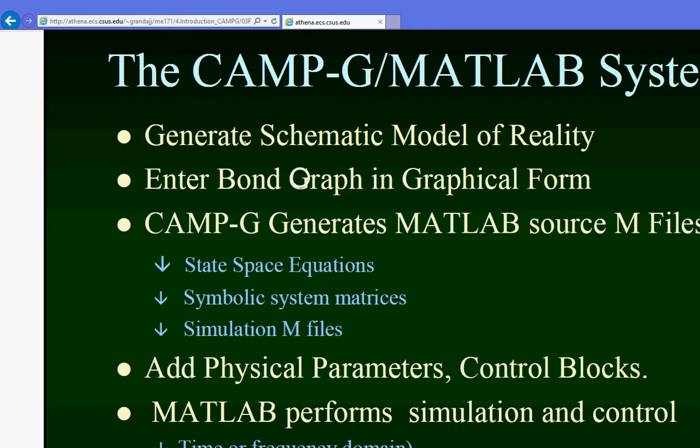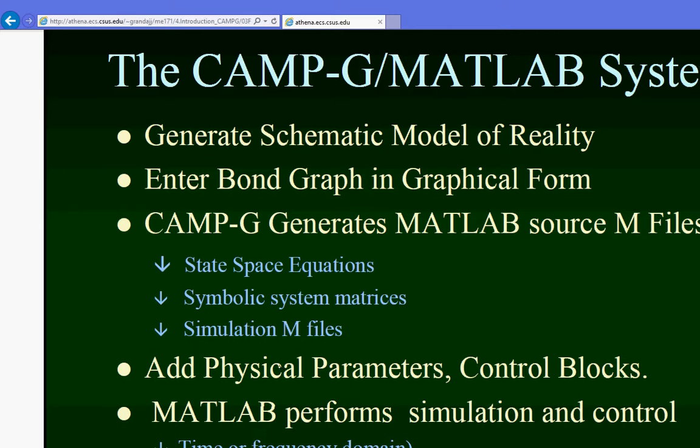Then we add the parameters, the control blocks, the nonlinear part. MATLAB will do a time analysis or frequency domain. Then you have the graphical representation, which is what we would like to see for understanding this.